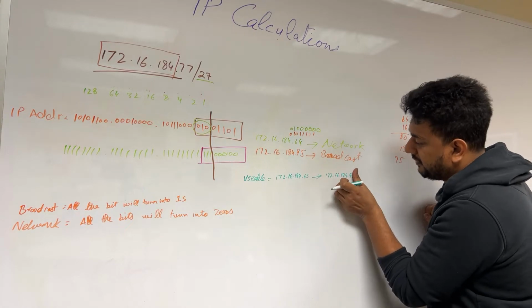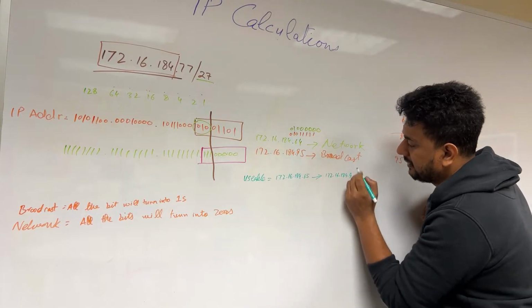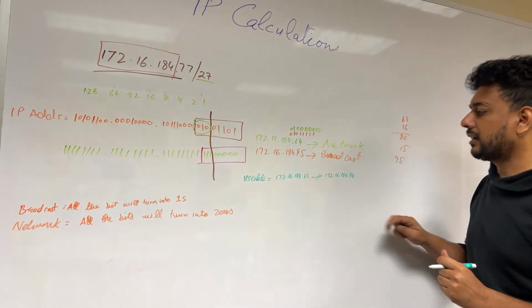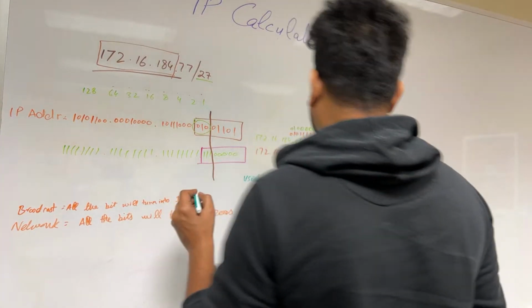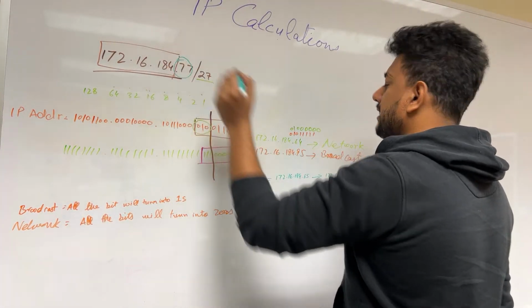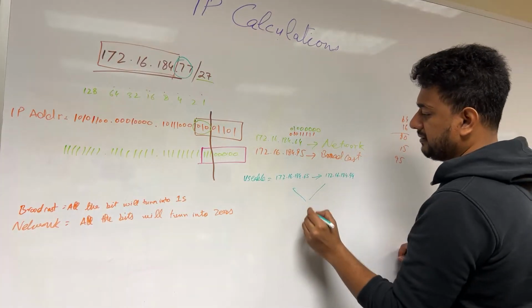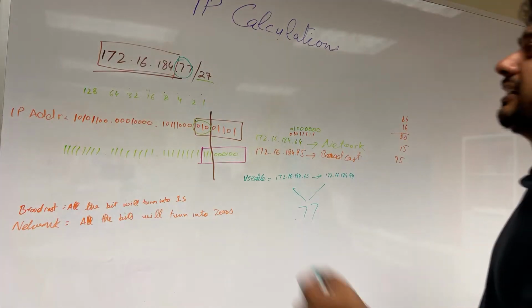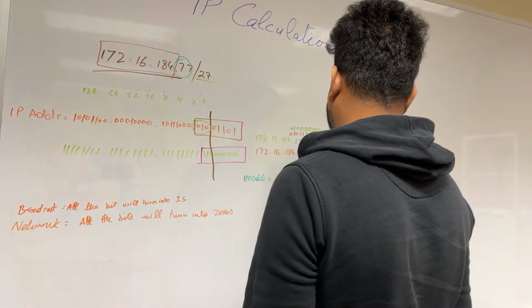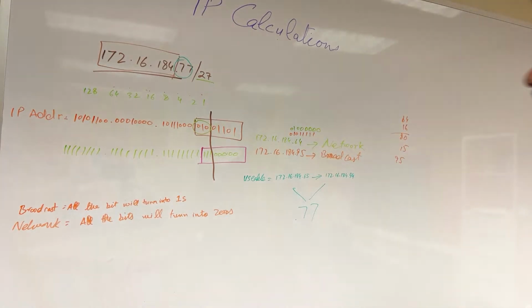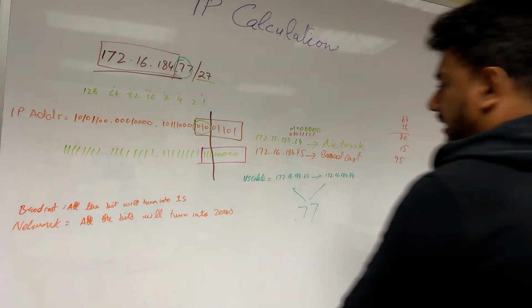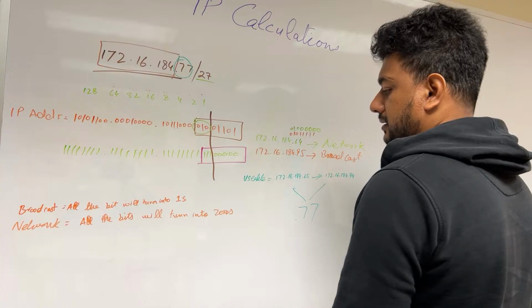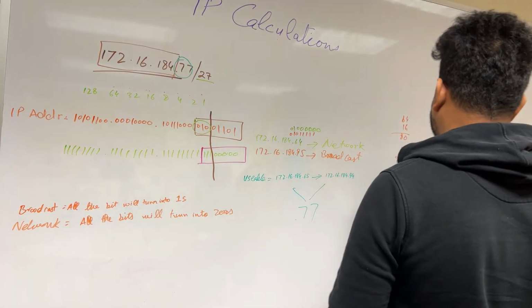Sorry, it's going to be 94 because 95 is the broadcast address. So these are the usable IP addresses, and you can see this IP was somewhere in the middle, .77. I just randomly wrote that number, so I could find out what the network address is and what the broadcast address is.